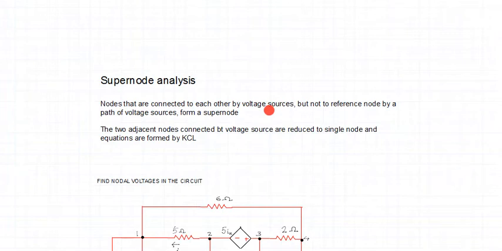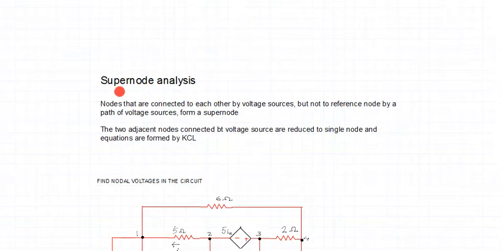That is what supernode analysis is. The two adjacent nodes connected by the voltage source are reduced. Then how do we solve this? The two nodes between which there is a voltage source are considered as a single node and we apply KCL to it. That is the concept of supernode.